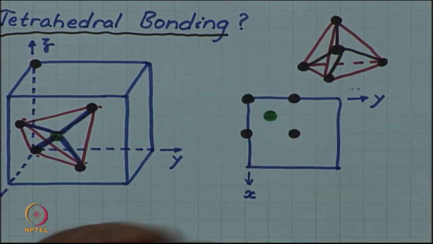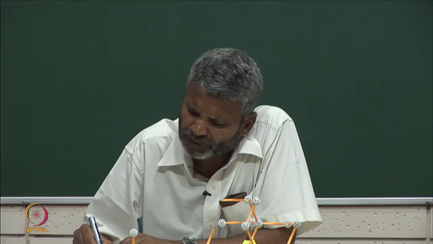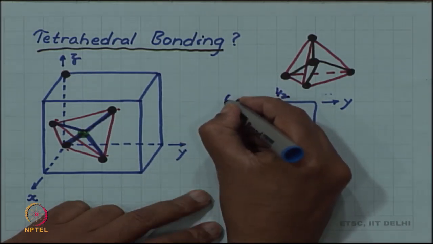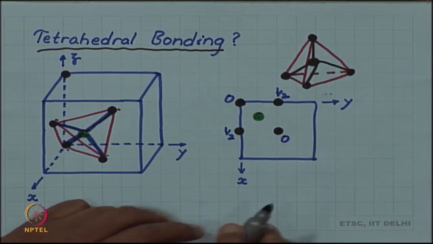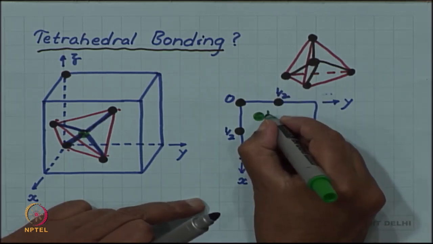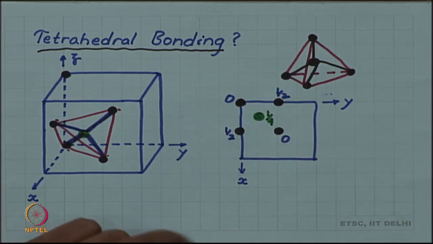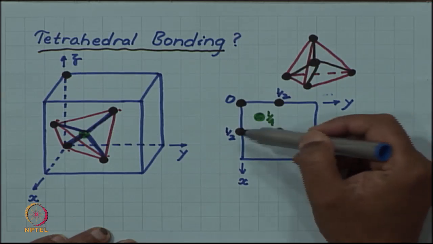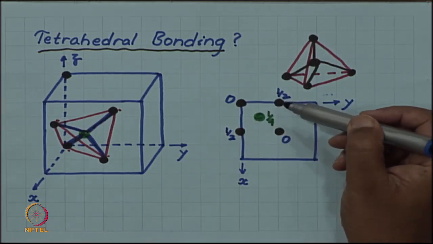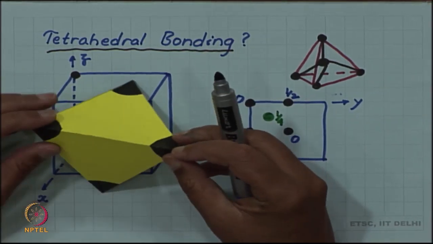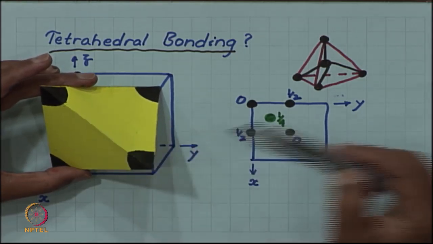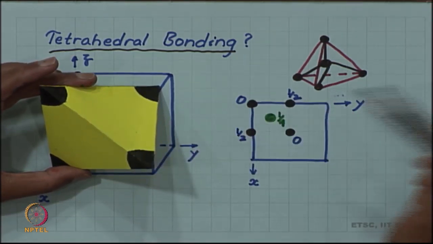So, in the projection, if you try to find the tetrahedron, you can see this was the 1/4 atom, and there are 4 atoms here. Let me write the coordinates: this one was half, half, this one was 0, 0, and this particular one was the 1/4. So, you can see that there are 2 atoms below at 0, 0, then 2 atoms above at half, half in this tetrahedron orientation, 2 atoms below and 2 atoms above, and they are at 90 degrees.